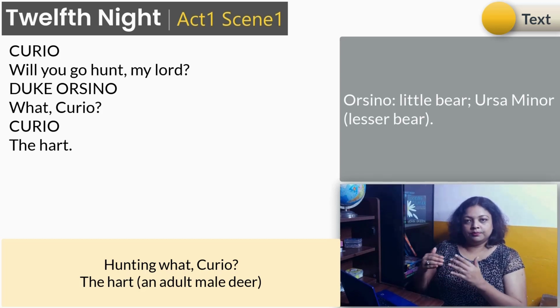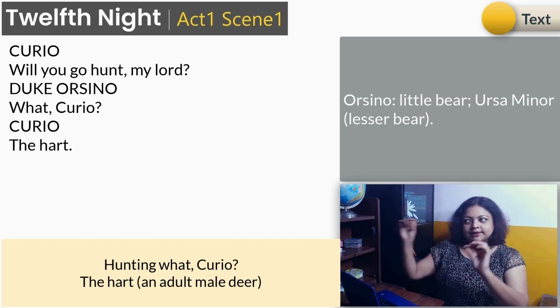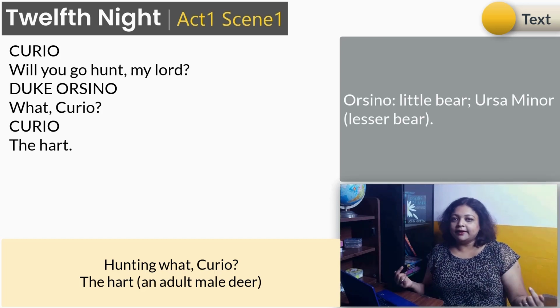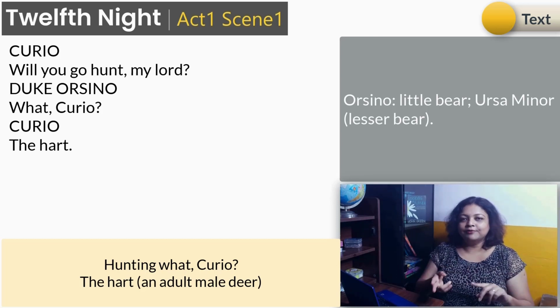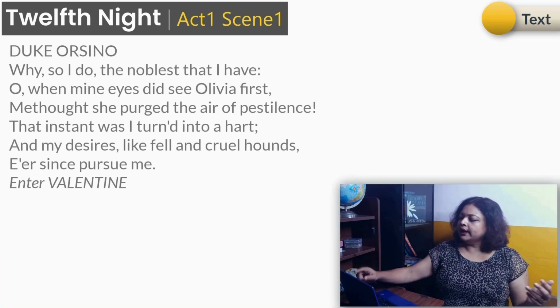But when Curio pronounces H-A-R-T on stage to Orsino, it sounds like H-E-A-R-T also, because they have similar pronunciations. So he says, "Why so I do, the noblest that I have."